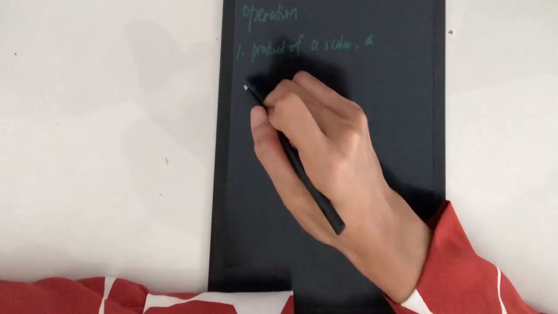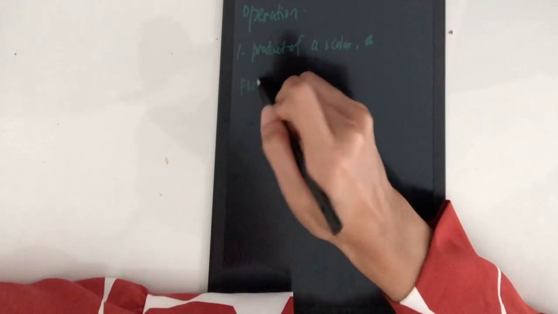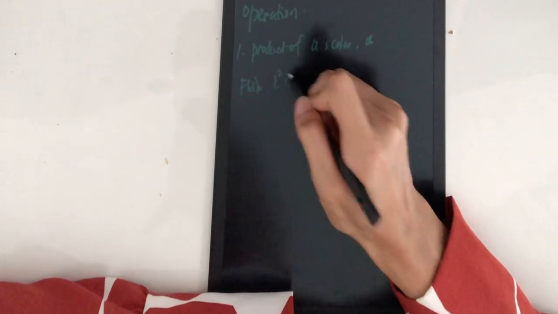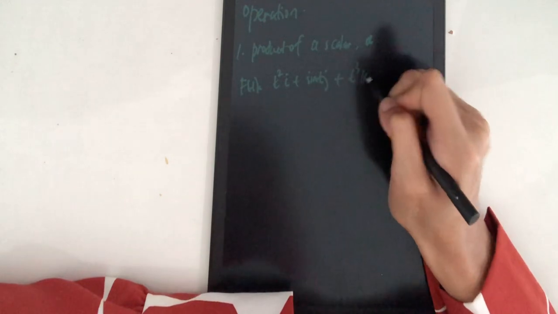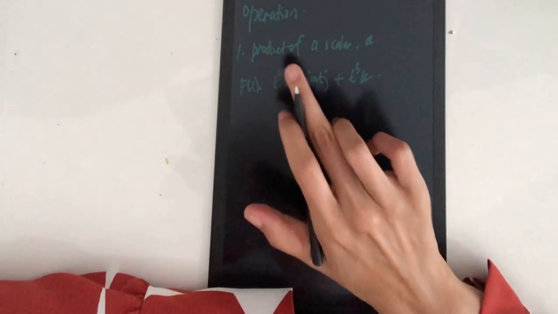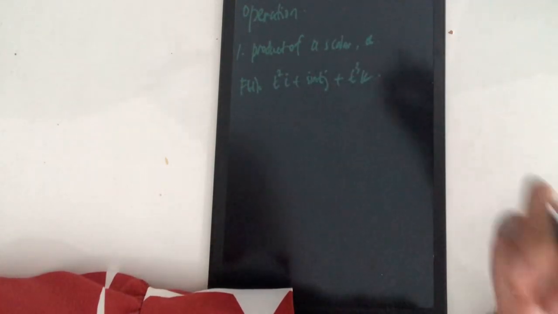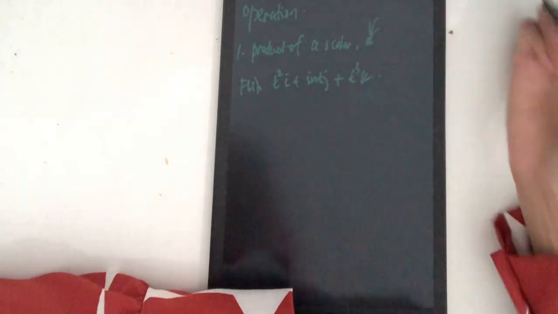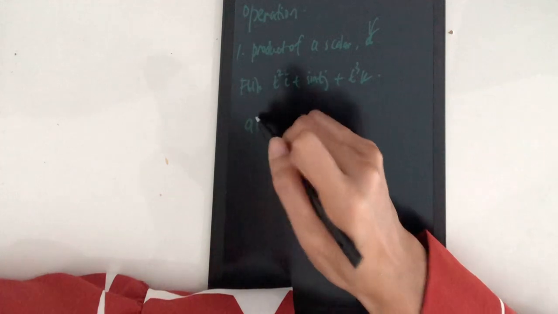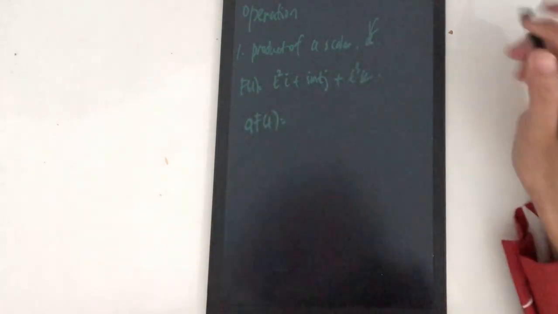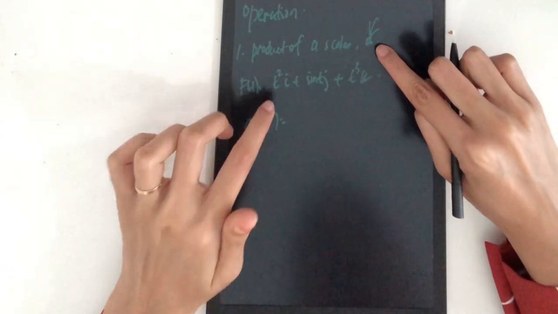Let's say I give an example: your function f(t) is equal to t squared i plus sin t j plus t cubed k. What is meant by product of a scalar? It means a multiplication between this scalar and your vector function. So you have f(t) here, and what we do is multiply a with the t squared.